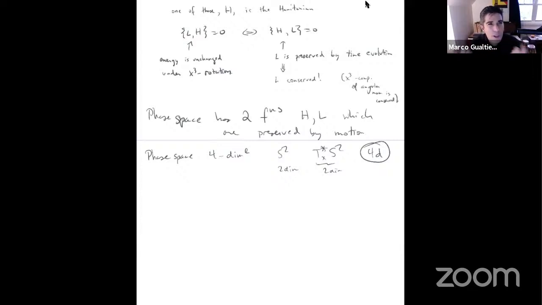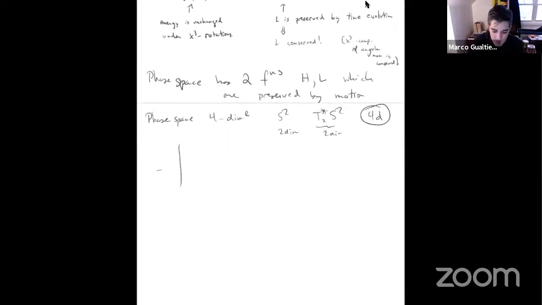So that means that I can dimensionally reduce my problem, right? Just like before, I had a two-dimensional phase space and I had one-dimensional level sets, and I could conclude that my particle would just move around this circle.